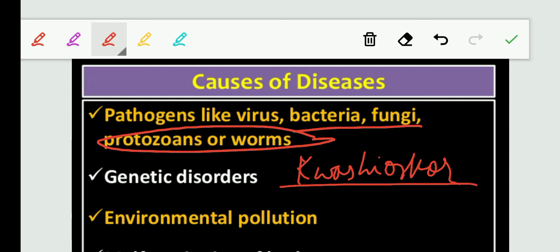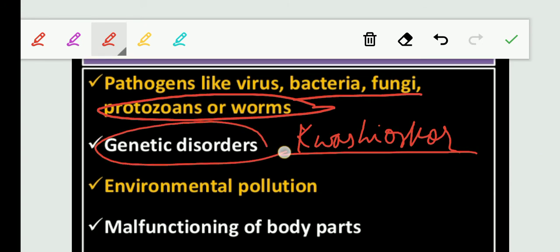So lack of good nourishment becomes the second level of causes. When we say genetic diseases, then what all does a genetic disorder include? These are present since birth and passed down from parents to offspring. Fine? So if a parent has a disease, this could be transferred to offspring as well. So these are present since birth. These are the genetic disorders.